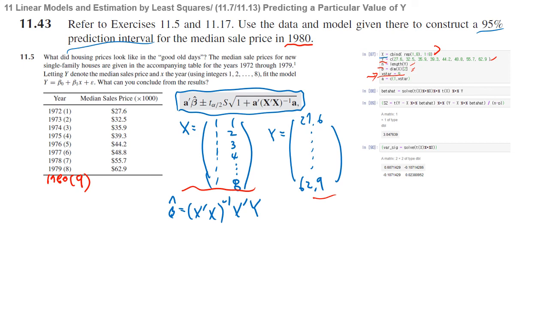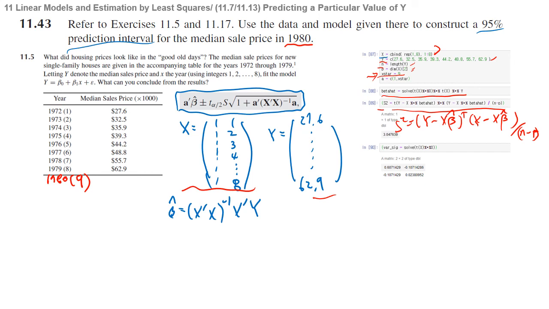Our beta hat can be calculated like this, and our s squared can be calculated as Y minus X beta hat transpose times Y minus X beta hat, divided by n minus p, which gives s squared.